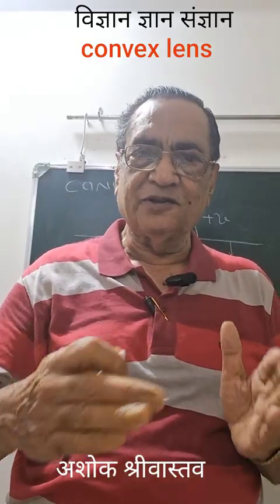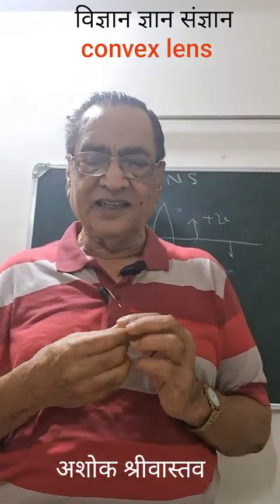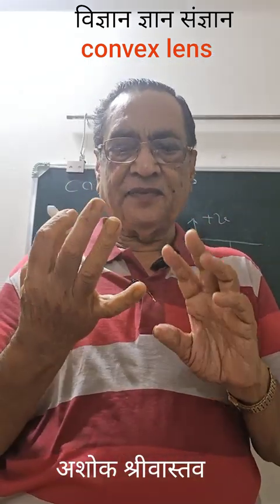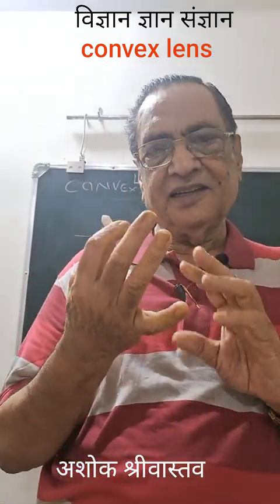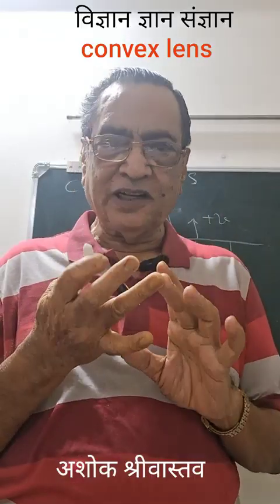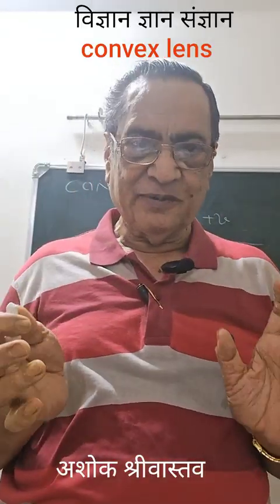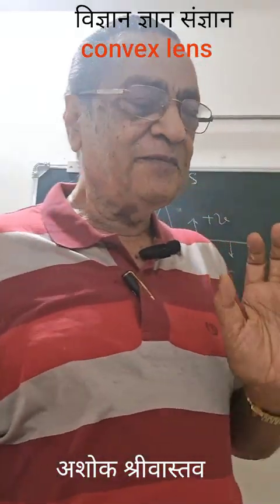You can convert it onto a screen and see physically what it is. So virtual image, real image, optical center, principal line, converging and diverging. Now we come to the actual application.